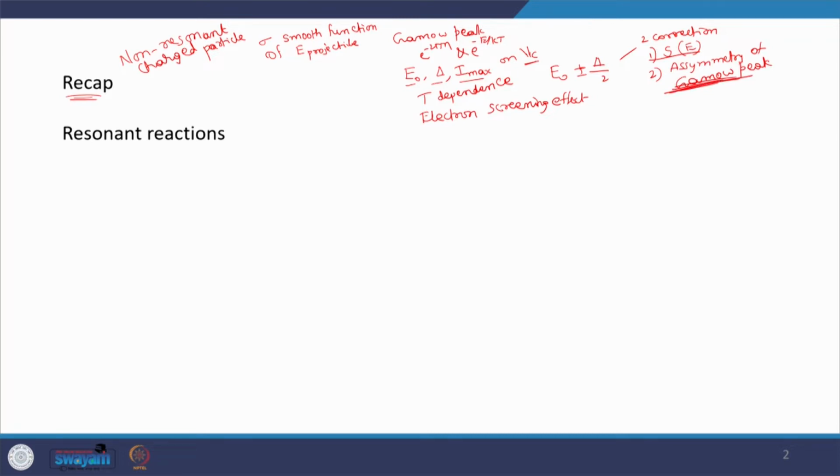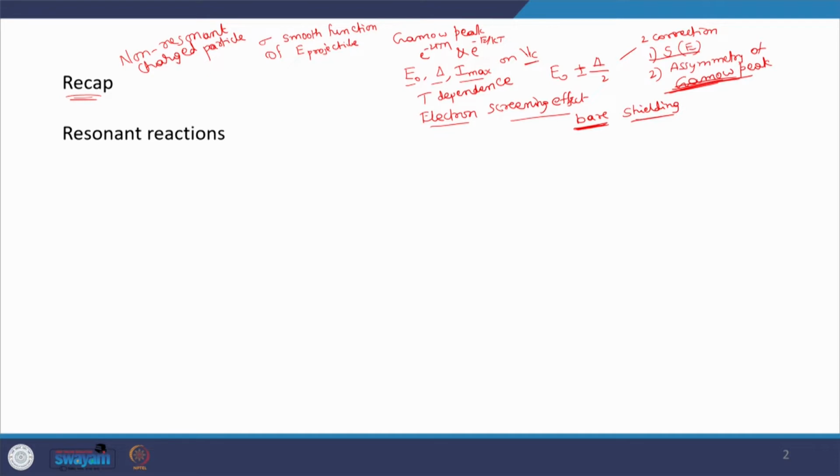After that, there is one effect called the electron screening effect, which is based on the fact that in whatever discussion was done, it was considered that the nucleus was bare. There were no electrons surrounding the nucleus. Within the stars also, almost all reactions take place without the presence of electrons around the nucleus. But in the laboratory, when projectiles react with the target nucleus, these target nuclei are surrounded by electrons.